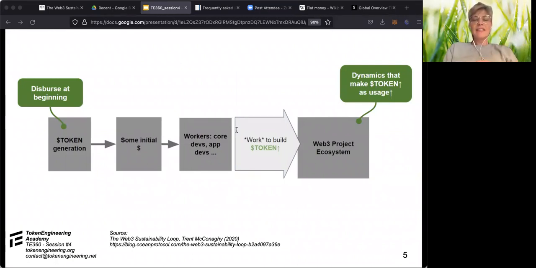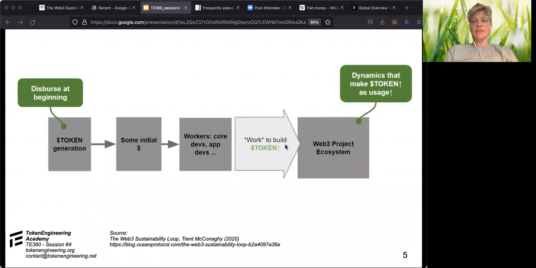I quote him again, "The image illustrates for many Web3 projects. Founders generate tokens on the left, get some initial cash by selling some tokens, middle left, build the product in the center, and then ship, middle right, the product to power a nascent ecosystem on the right.